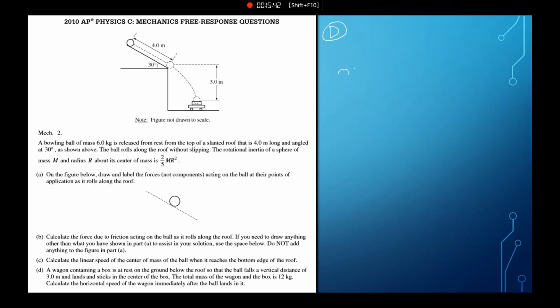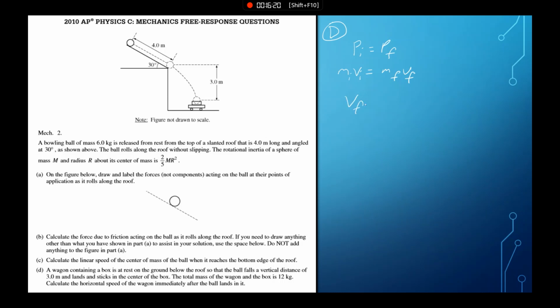Our initial mass and velocity should equal our final mass and velocity. Therefore, the mass of the ball is 6, and then velocity we found in C. I'm going to solve in general form for the final velocity though.